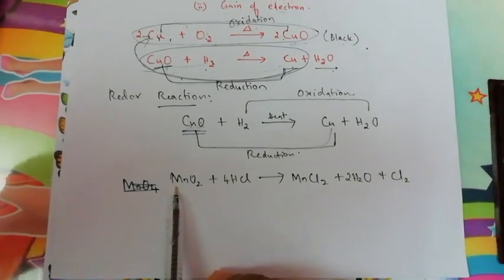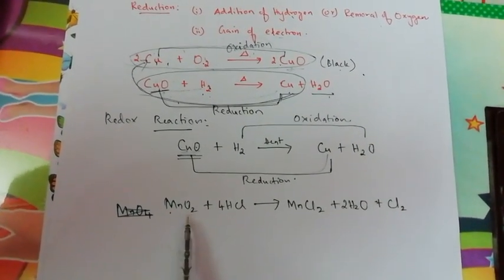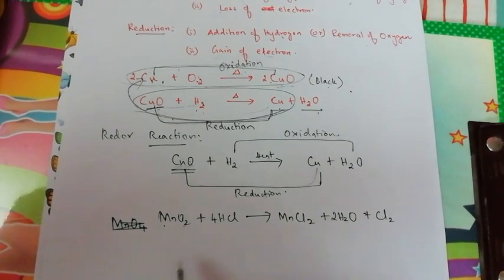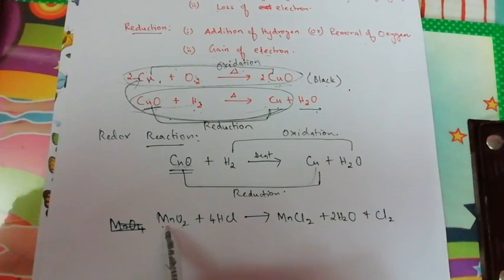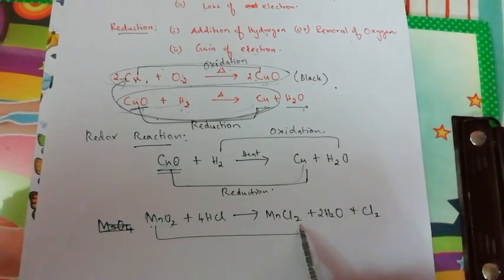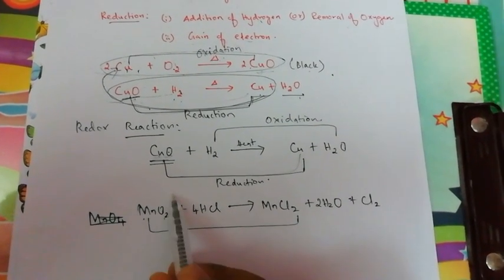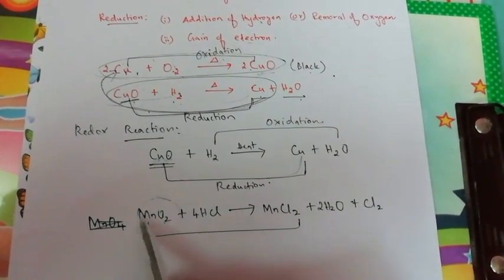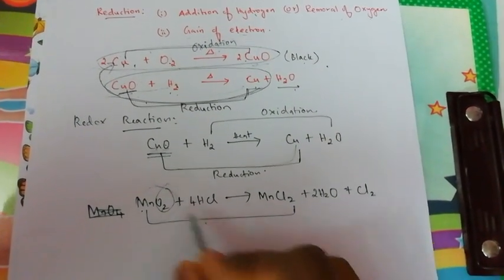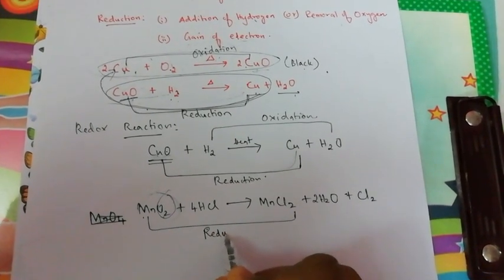And MnO2, that means manganese dioxide, has oxygen with it, and it is turned into manganese chloride, right? Manganese chloride, that means the oxygen which manganese dioxide has is removed. So what is this? Once oxygen is removed, we name it a reduction reaction.